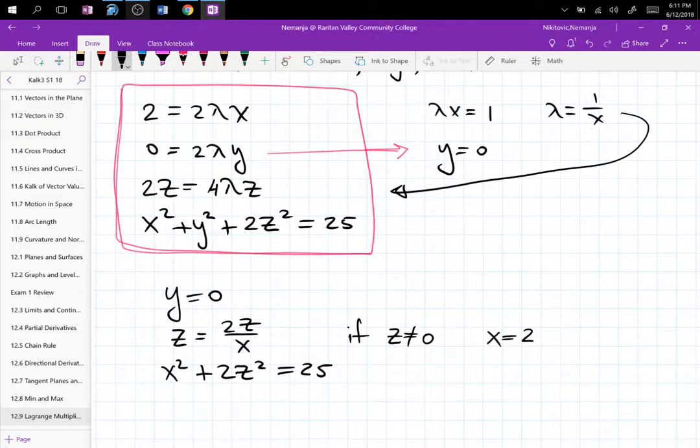And then if x is 2, then this becomes 4, 21 over 2, so square root of 42 over 2. So if z is not 0, I can divide both sides by z. And then you have 1 equals 2 over x. You multiply x to the other side, x equals 2.